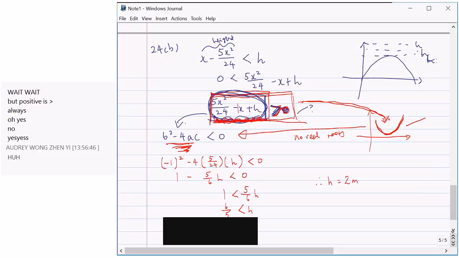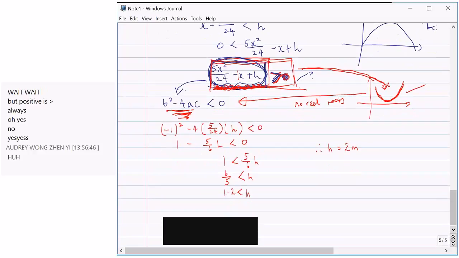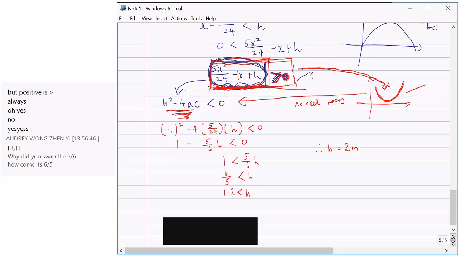Yep. Audrey, what is it? What do you mean I swap the 6 over 5? Because I divide by 5 over... It's like solving an equation, except it is an inequality. It's like solving a normal equation.